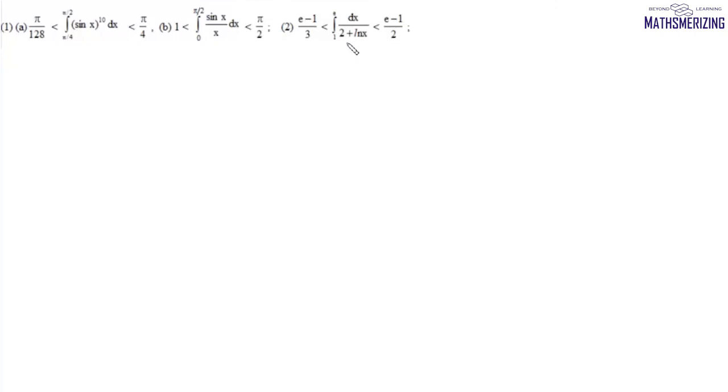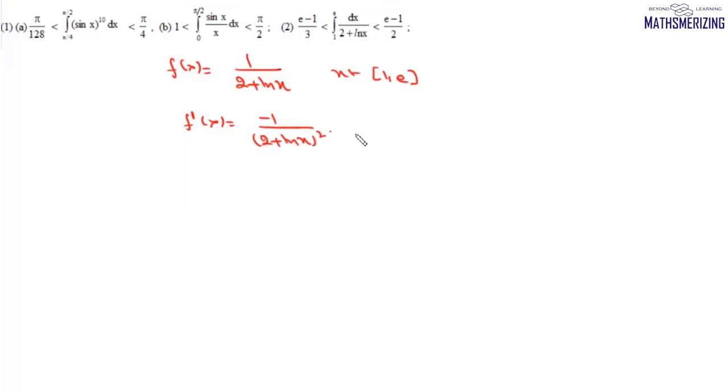Now the third question is this integral where we have this function 1 upon 2 plus log x, when x lies between 1 and e. If we write f'(x), it will be minus 1 upon (2 plus log x) whole square into 1 by x, which is less than 0.